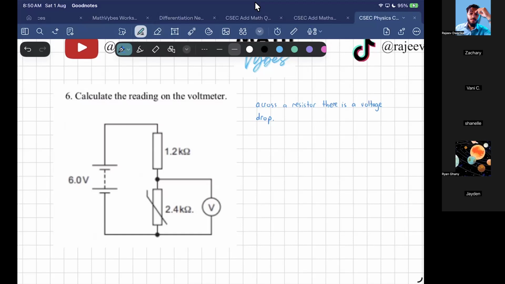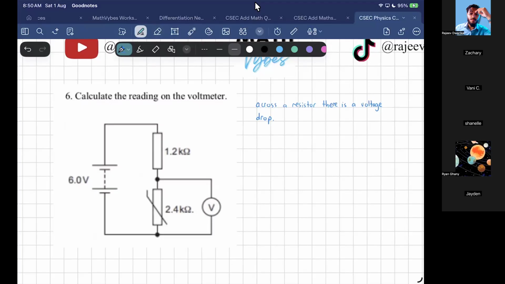Okay. You're probably wondering why. Doesn't the resistor slow down the flow of electricity? Right.